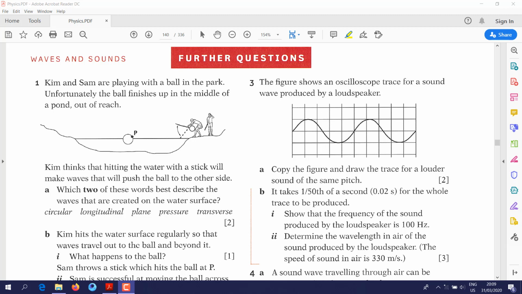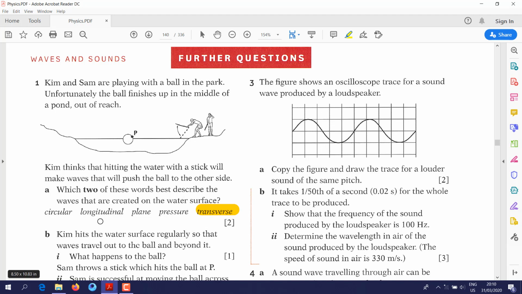Here is Kim. She's hitting the water with the stick. So, as we know, a kind of wave will form. But what kind of waves do we have in water? It's transverse. So, here is the first word that describes what will happen.